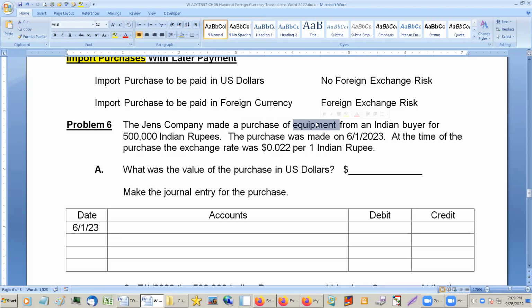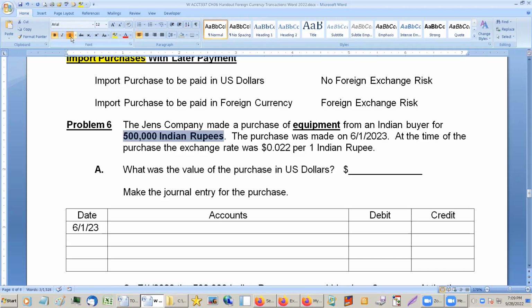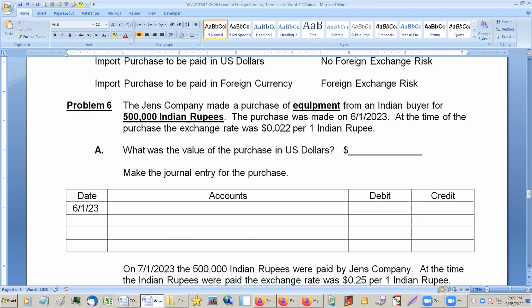So purchase some equipment. We have a rupee is 0.022 dollars.